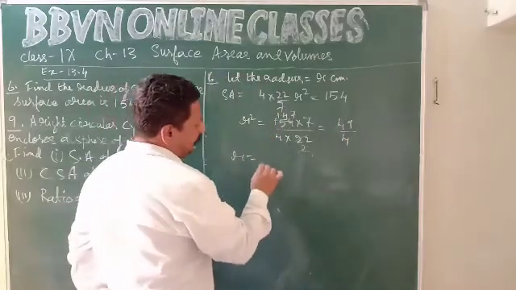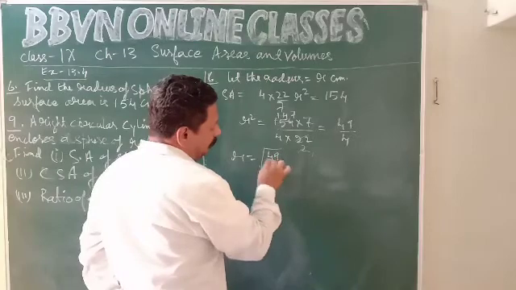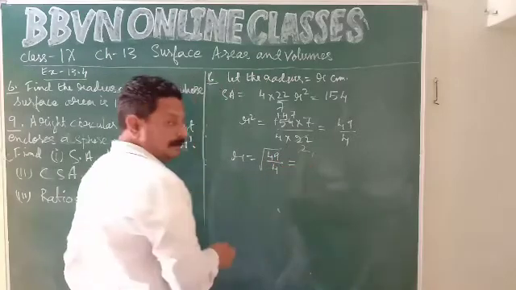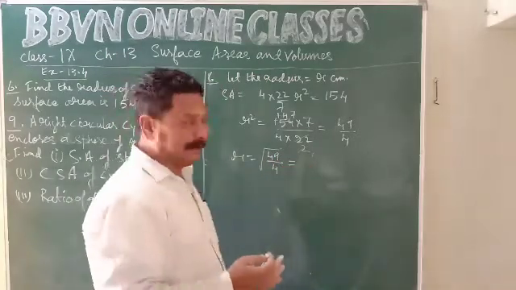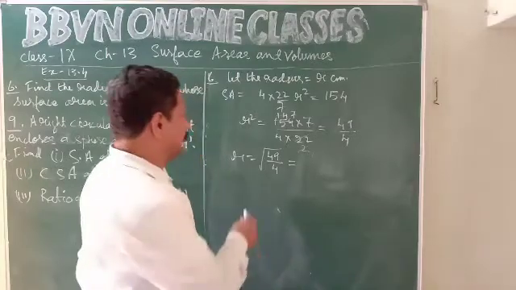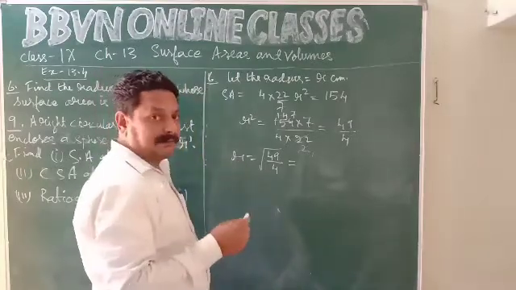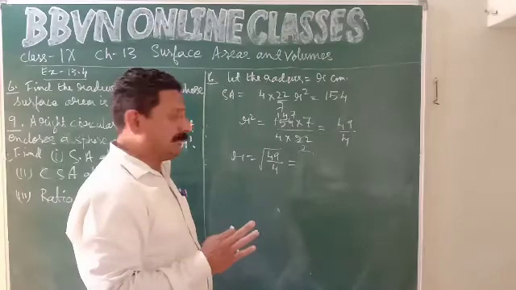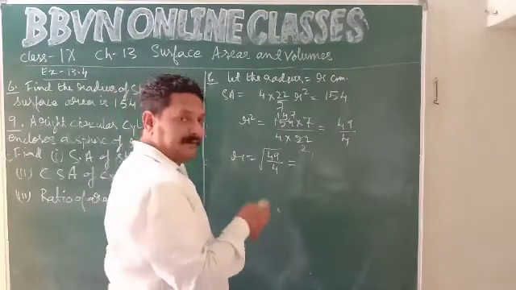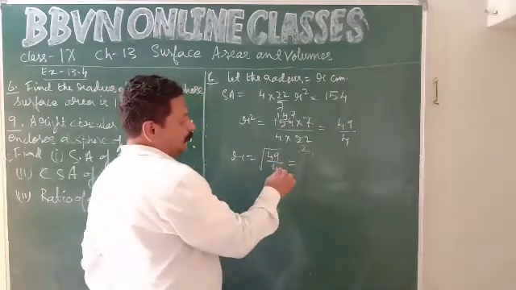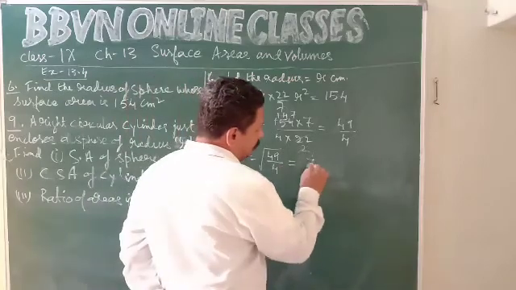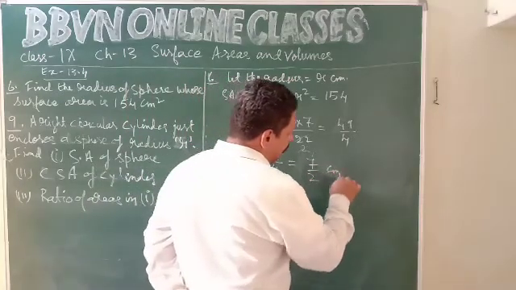So r will be square root of 49 upon 4. Square root of any positive quantity can be positive or negative. But here r represents radius. Radius is a quantity which is never negative. So आपको positive ही consider करना है. 49 upon 4 का square root 7 upon 2 centimeters.